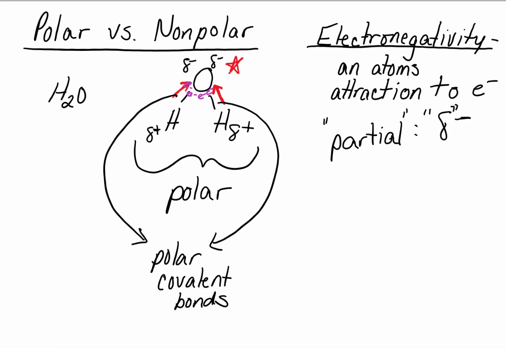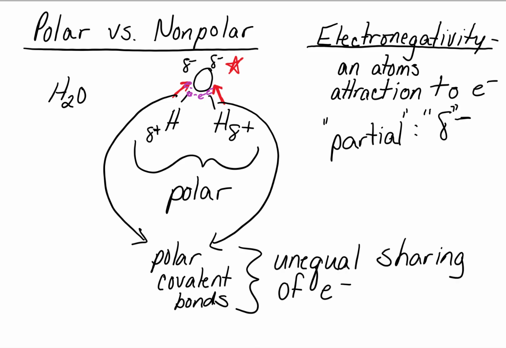Now, these polar covalent bonds came about because of unequal sharing of electrons between the oxygen and hydrogen. And that's really a basic definition of polar covalent bonds, unequal sharing of electrons.